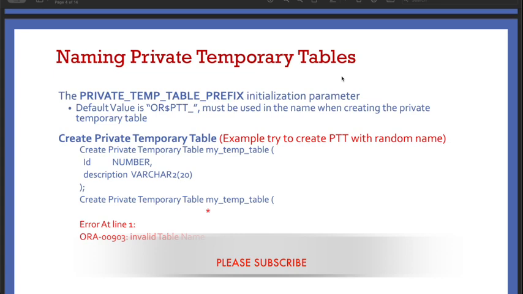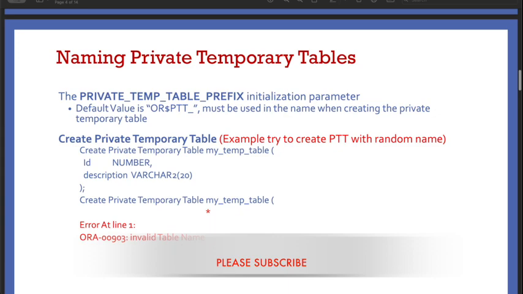In the example, we create a private temporary table without using the correct prefix in the name, which results in an error. Just to show you, as you can see in the command create private temporary table, and you can see here we define name as my_temp_table, and here you can see the error invalid table name.